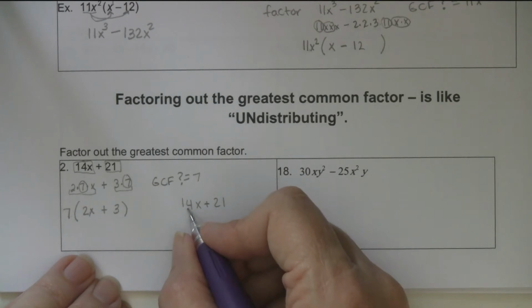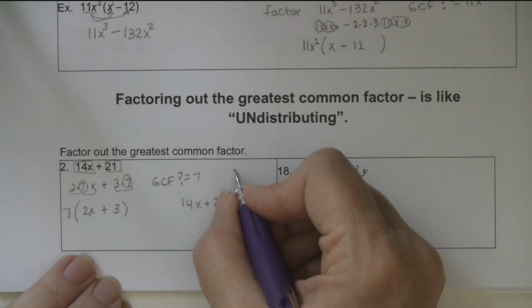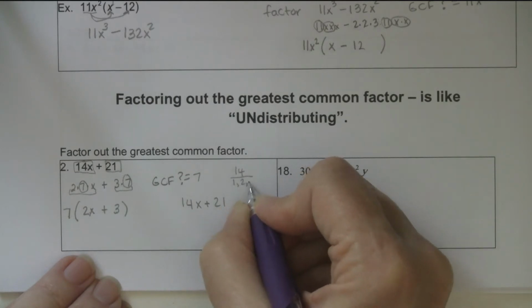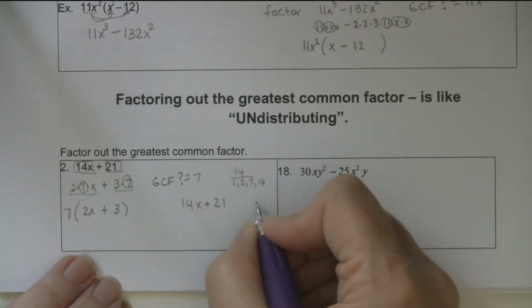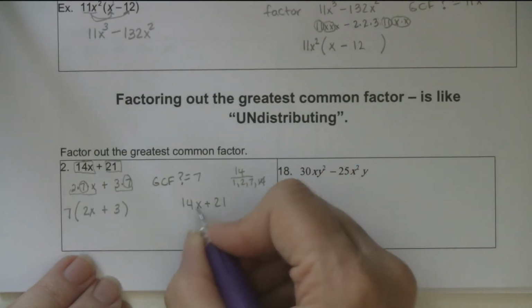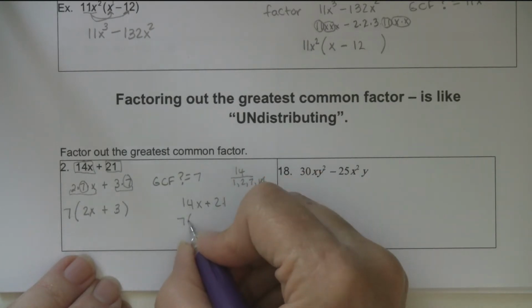The things that go evenly into 14 are 1 and 2 and 7 and 14, right? And I already knew that 14 didn't go into 21. How about 7? Does 7 go into 21? Yes. So 7 is the greatest common factor.